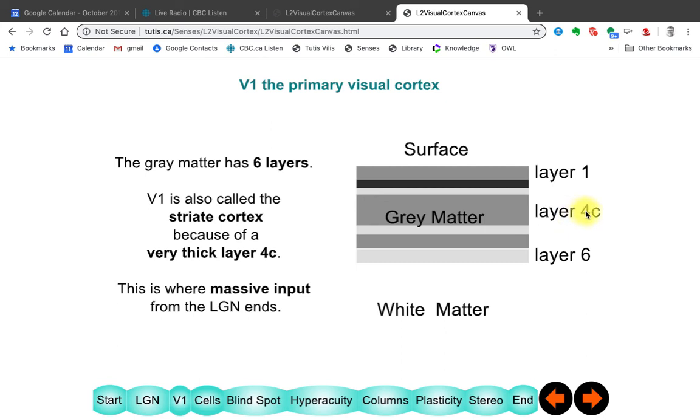And that's thick, you'll notice in the picture here, because it has this massive input from the thalamus and from the eye. Okay. The eye sends a big signal to the cortex, to this region of the cortex.